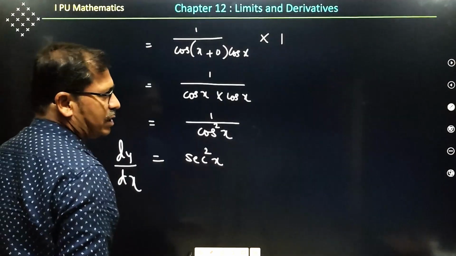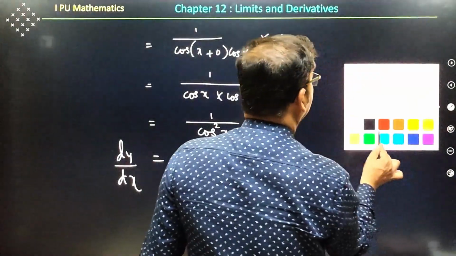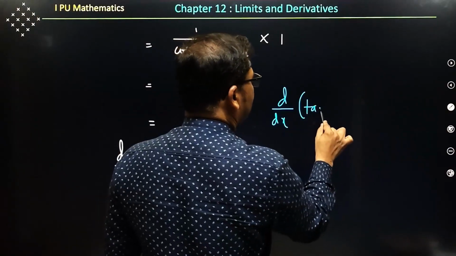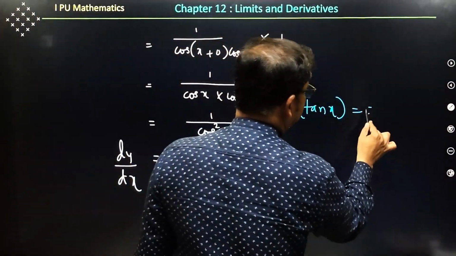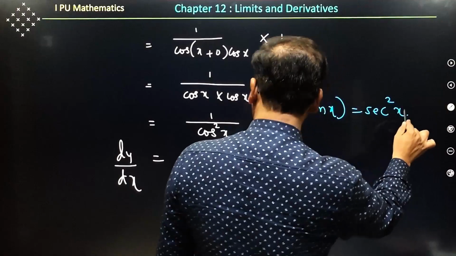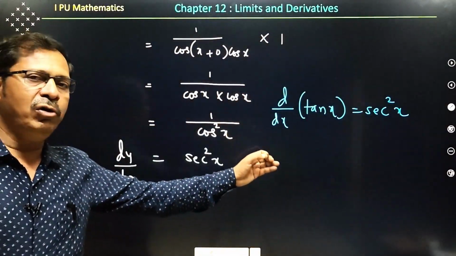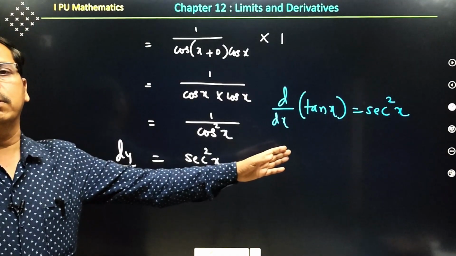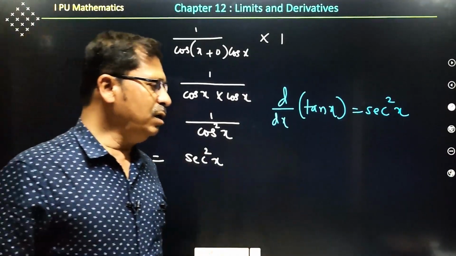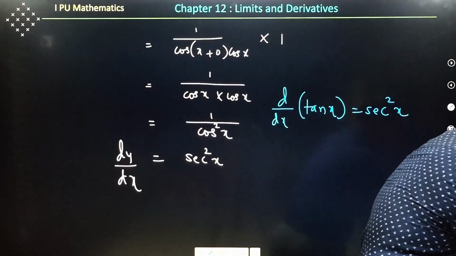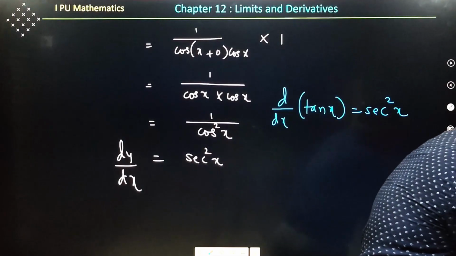My conclusion is, therefore, the derivative of tan x with respect to x is sec square x. Differentiation of tan x is sec square x, derivative of tan x is sec square x. Is it clear? So this is the third result, that is for tan x. I hope you followed this.